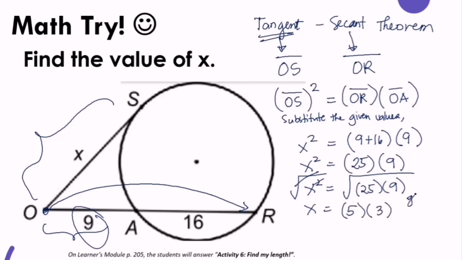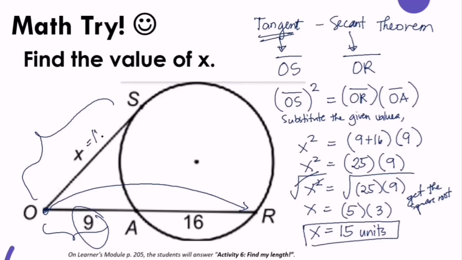Okay, so, sabi dito, get the square root. Okay, next, multiply 5 times 3. The answer is 15 units. So, this one is 15 units. Okay, so I hope that is clear.